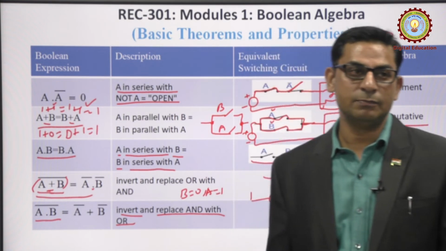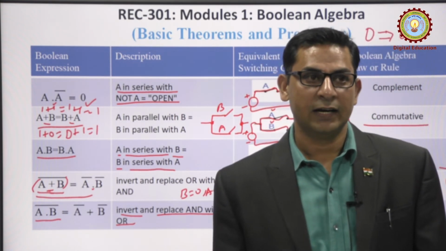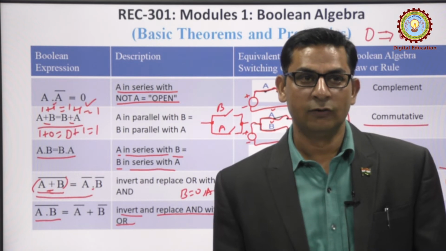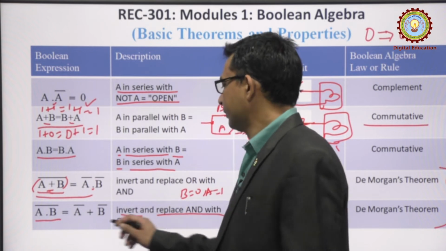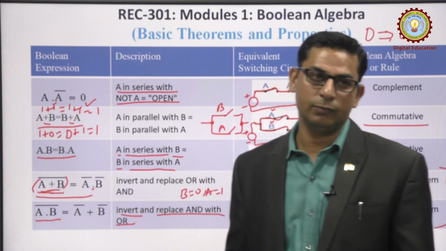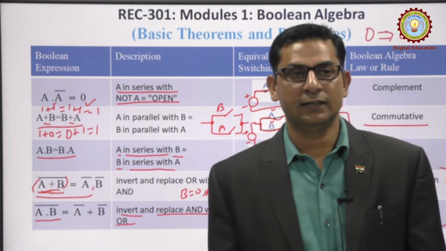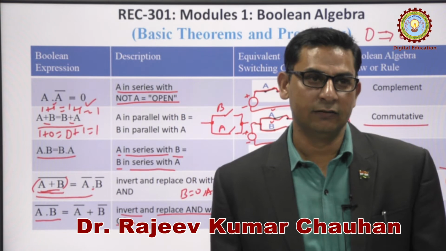Either A plus B whole bar is equal to A bar dot B bar, or A dot B whole bar is equal to A bar plus B bar. So what does it mean? If you have the OR gate and whole bar, then you will get both the gates connected with NOT gates. Okay.